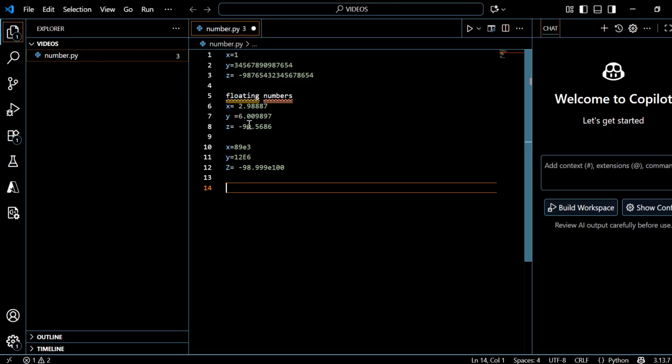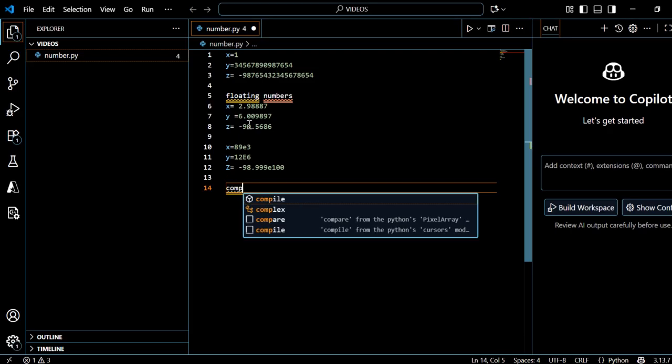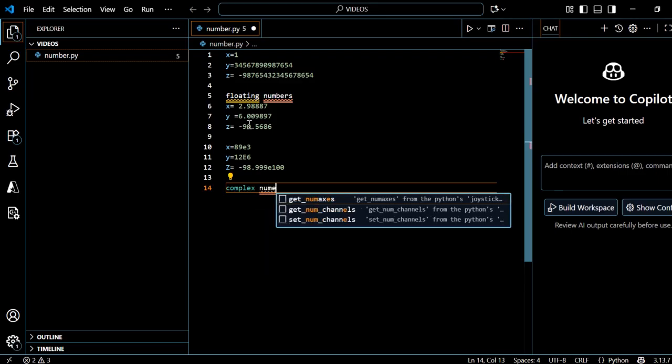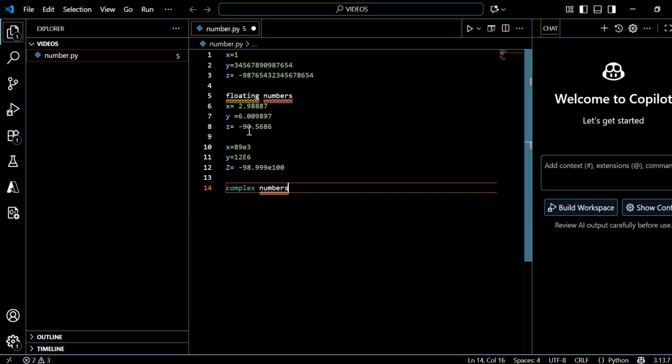Lastly, we have complex numbers. We have said that complex numbers are numbers that are written with a j as the imaginary part.